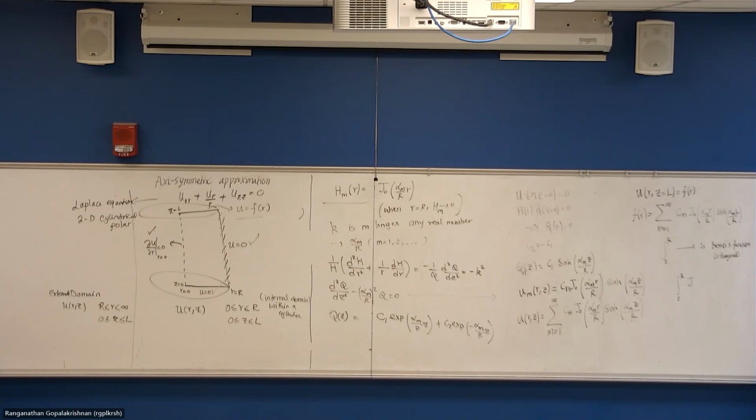So J_p and J_q of r times 2 pi r dr. You'll have to prove that this integral is 0 if p is not equal to q.